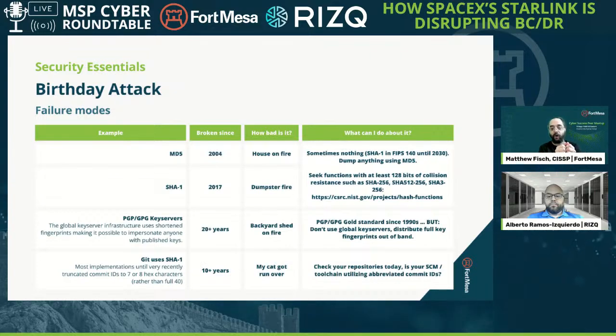So they used SHA-1, which is supposed to be about 100 bits or a little more of collision resistance, and they shortened that down to 7 or 8 hex characters to make it easy to type and view rather than 40.